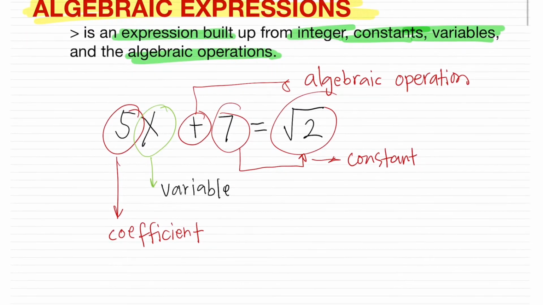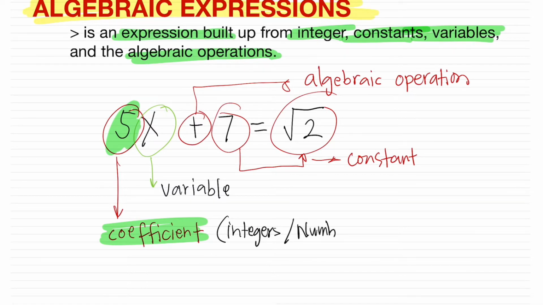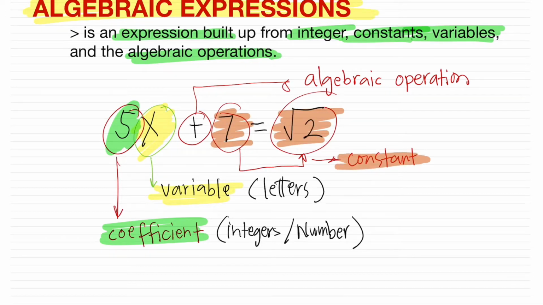Algebraic operation. So again, 5 here is what we call coefficient, or our integers or number. Okay, next, this is what we call variable. Variables are also known as the letters. Now 7 and square root of 2 here are what we call constants.